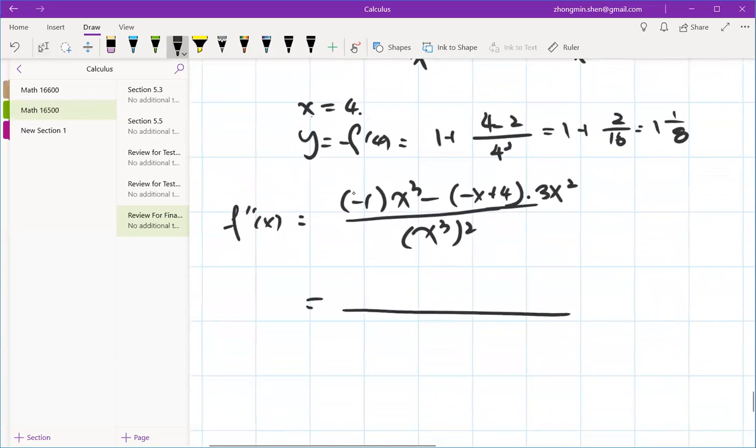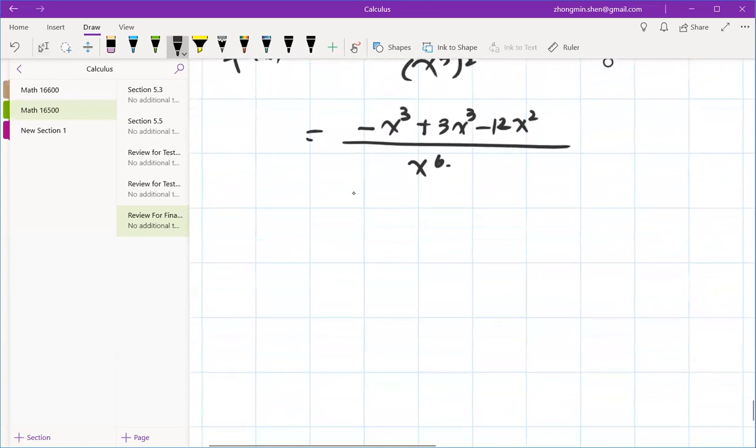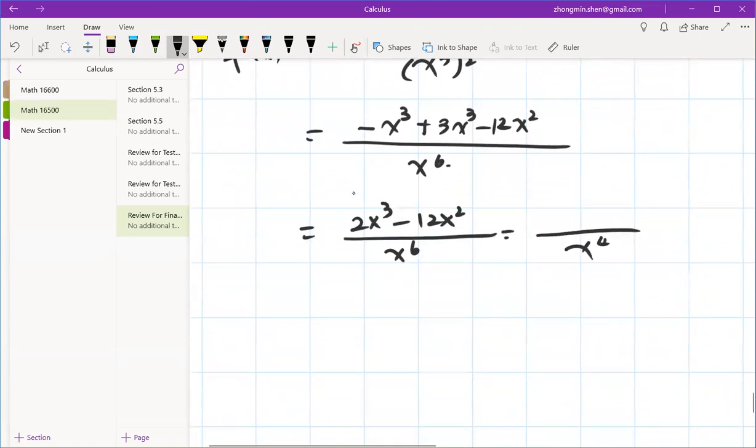I get negative x cubed, negative negative becomes positive, 3x cubed minus 12x squared. Then I get 2x cubed minus 12x squared over x to the 6. Then I take a 2 out, and x minus 6. Right, so this is going to be 0 when x equals 6. Great. So for the inflection point, you have to find the y value.